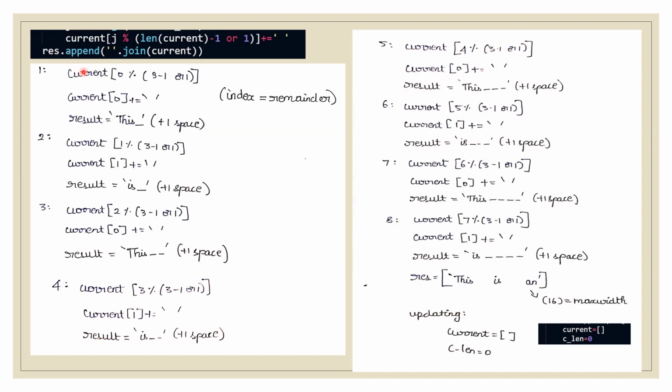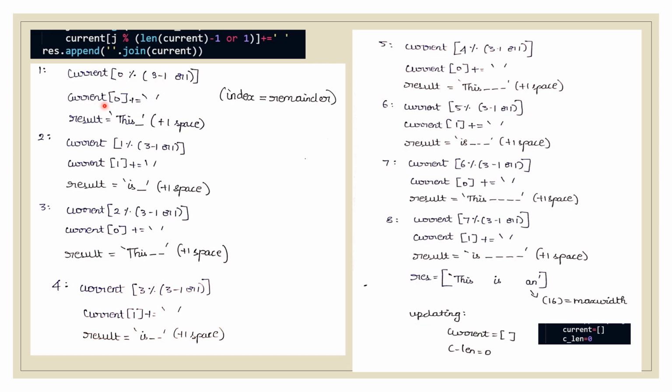As we can see here, the j value is going to be incremented from 0, and since we need 8 extra spaces, the loop is going to iterate 8 times. During the first iteration, j will be 0, and 0 mod anything, the remainder will be 0.